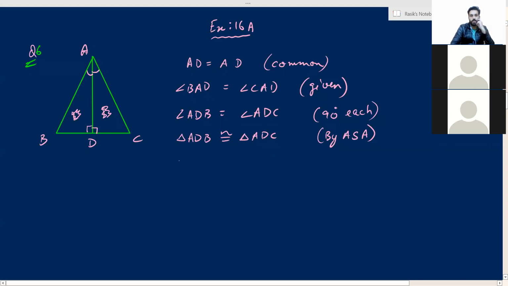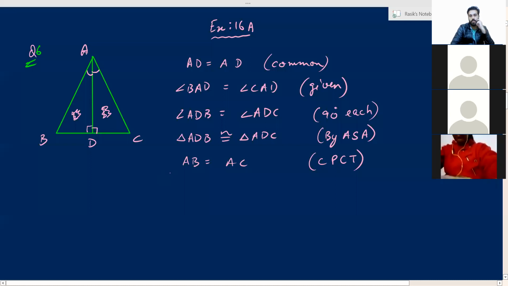Because the two triangles are congruent, we can say that the side AB is equal to AC. Reason, CPCT, corresponding parts of congruent triangles. And now, because the two sides AB and AC are equal, we can say that therefore triangle ABC is isosceles.